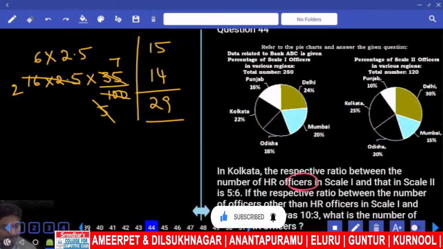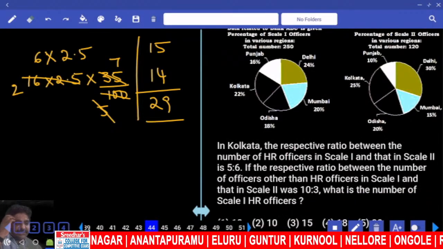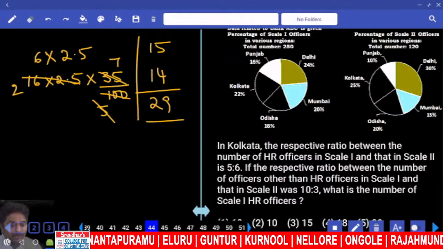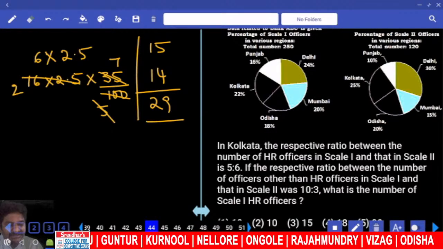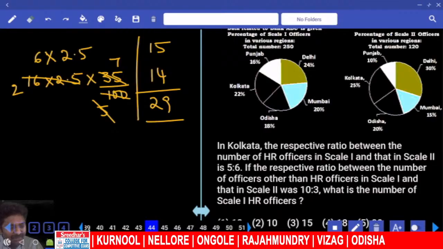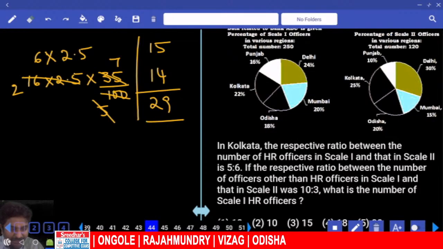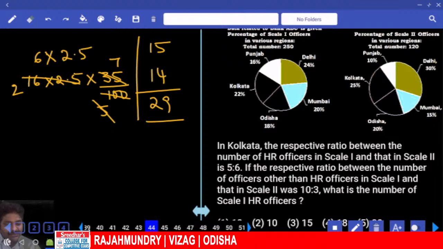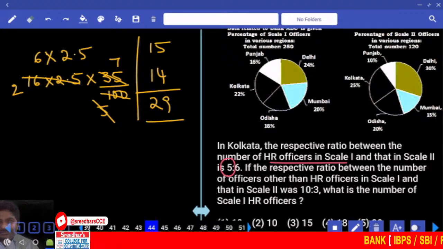Clear? In Kolkata, the respective ratio between HR officers in scale 1 and scale 2 is 5:6. If the respective ratio between the number of officers other than HR officers in scale 1 and that in scale 2 was 10:3, what is the number of scale 1 HR officers? Scale 1 HR officers, how many parts? Initial verification: the answer must be a 5 multiple.